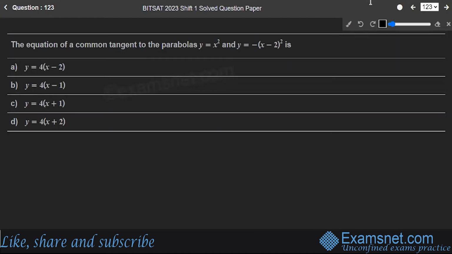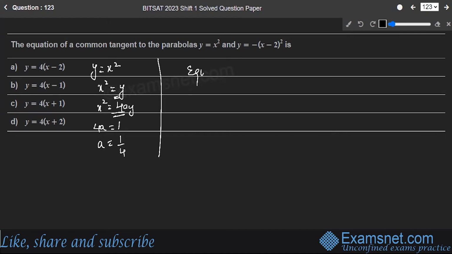Question number 123, the equation of the common tangent to these two parabolas is. First you have the parabola y is equal to x square, or you can say x square is equal to y. If I compare it with the general equation, x square is equal to 4ay, you have 4a as 1. That gives you a's value as 1 by 4.